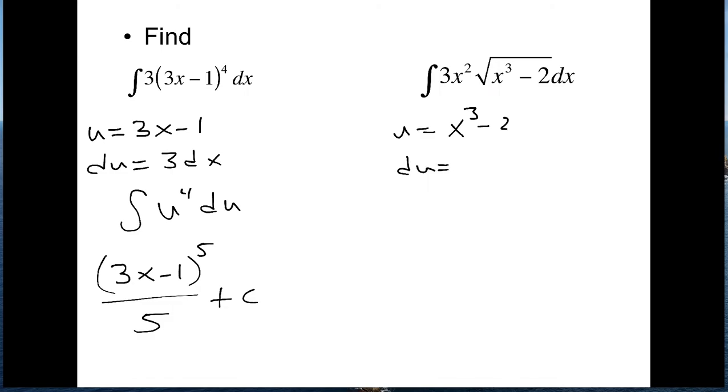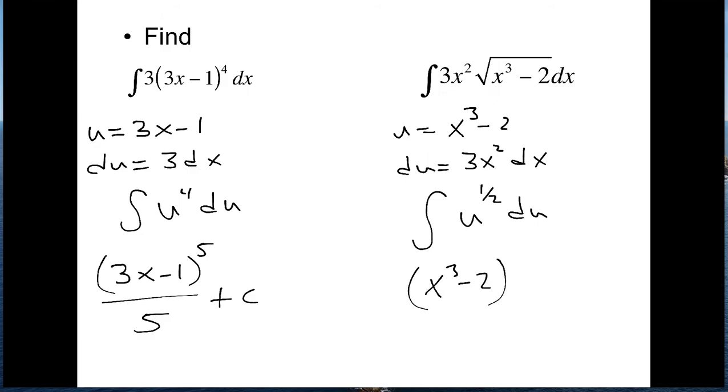So du is equal to 3x squared dx. So this is the integral of u to the 1/2 du. So this is x cubed minus 2 to the 3/2 times 2/3 plus c. Little simplification in there.